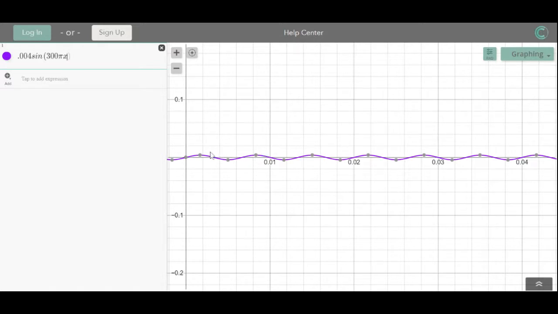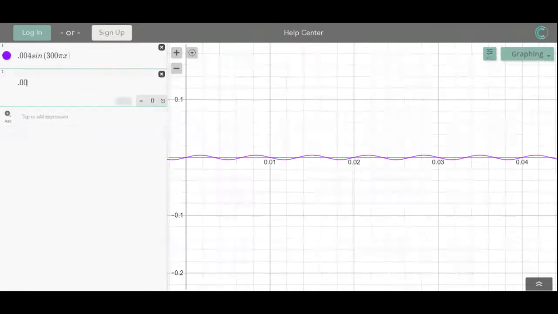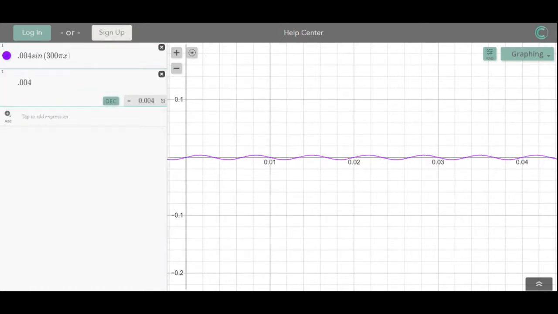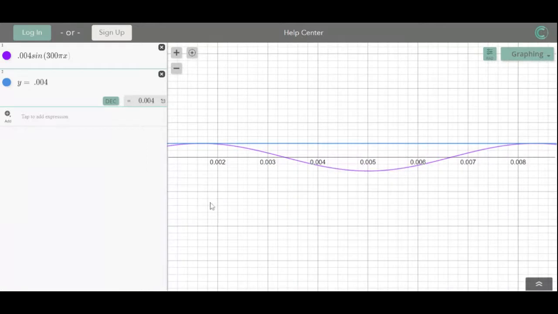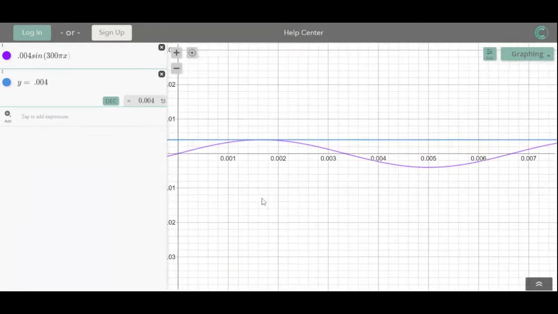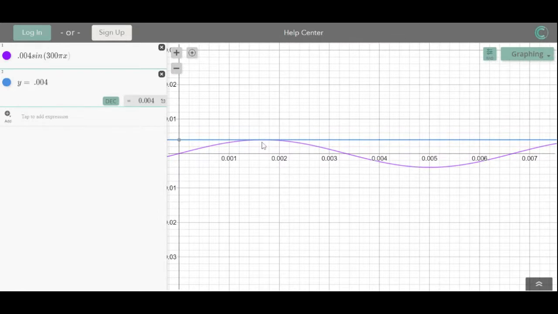What they want is if we were to graph another function, y equals 0.004, and then they want us to find the intersection. So let's zoom in and see what that is. It looks like it intersects at the top of each one, and we can actually find out what that is.